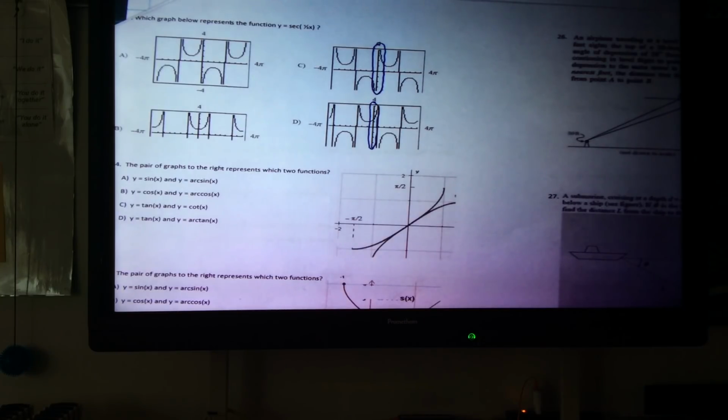It's going to have to be the original function and some arc of that function. And I think we can eliminate C and D, so it's either going to be A and B. I don't know, maybe we can't eliminate D. It's not A.